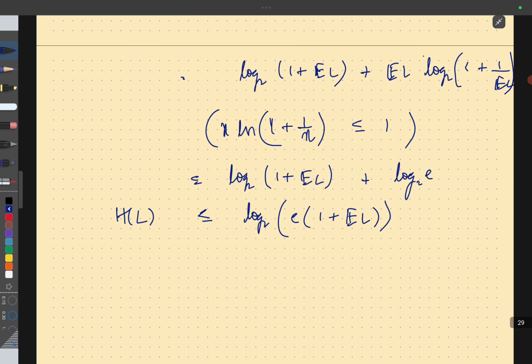Can I get that from this? Yeah. The expectation of L is greater than H(Xn given L). Then we again use the method: H(Xn) is also greater than H(Xn given L).